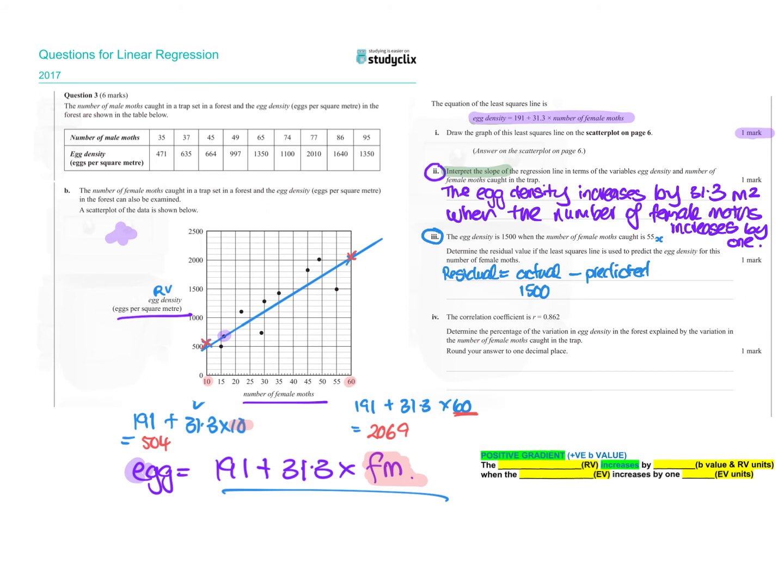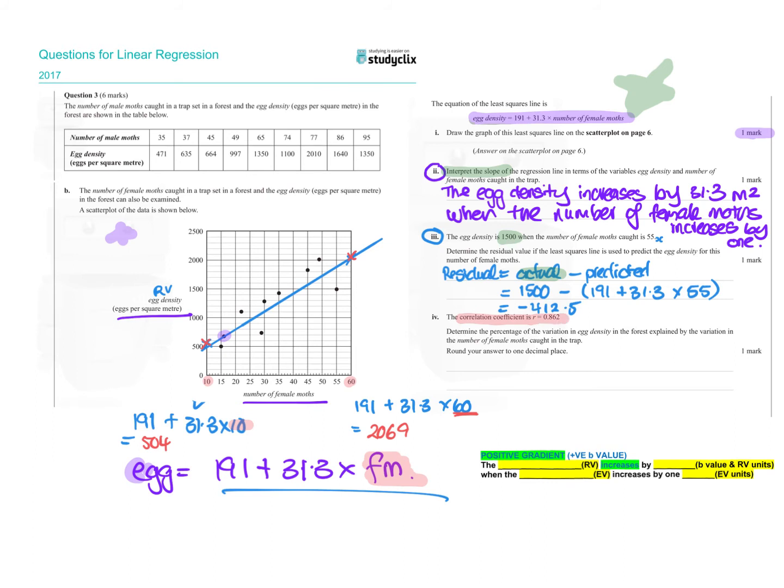And now I've got to work out the predicted. The predicted is either the line or you use the equation. So I'm going to use the equation, so 191 plus 31.3 times 55. So we work out that, and the residual ends up being negative 412.5.